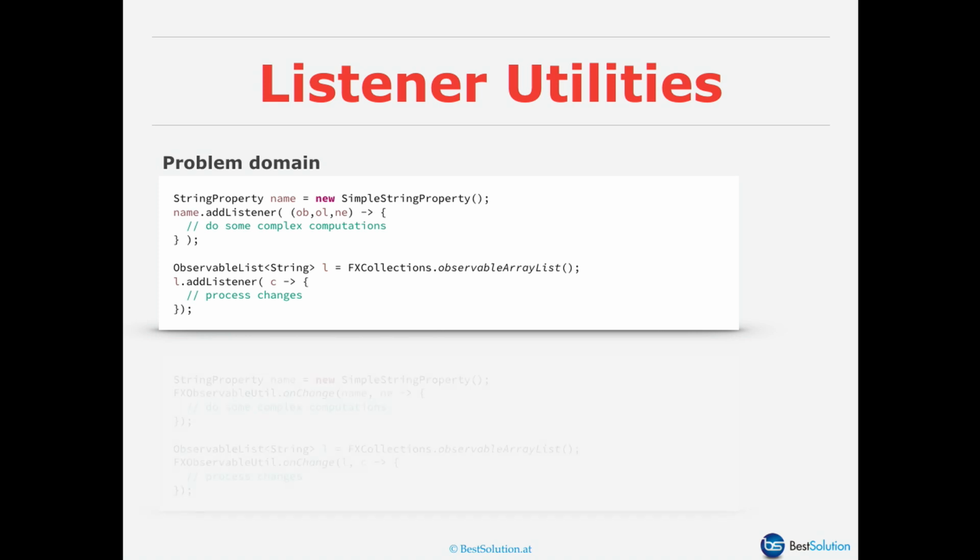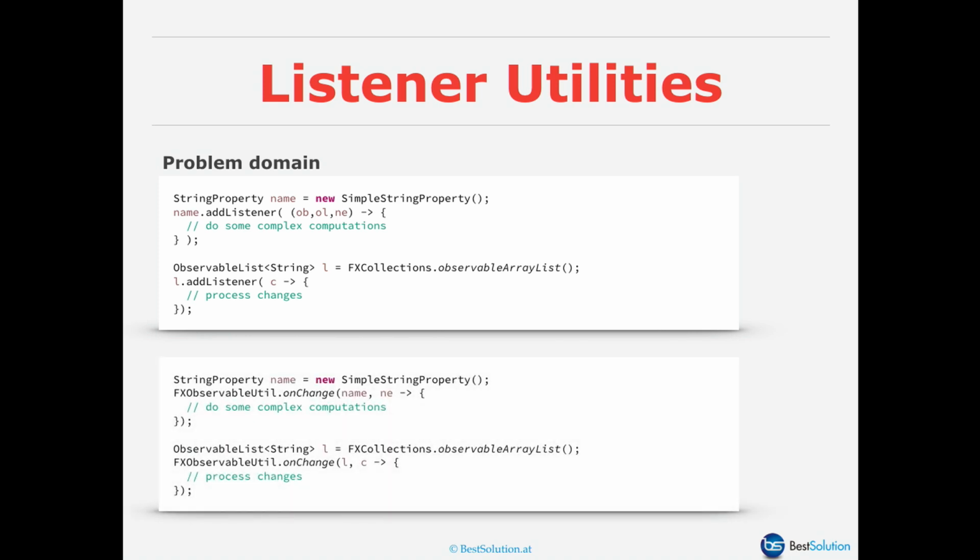We are solving that with a specialized class called FXObservableUtil, which has an onChange method where you can pass the lambda and it just gives you 1 value, the new value. And this is the guy I'm 99% of the time interested in. And for observable list, we have a method onChange and onInvalidate that describes in the API what listener type you're adding.